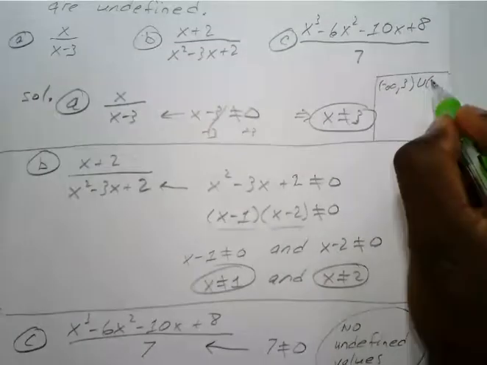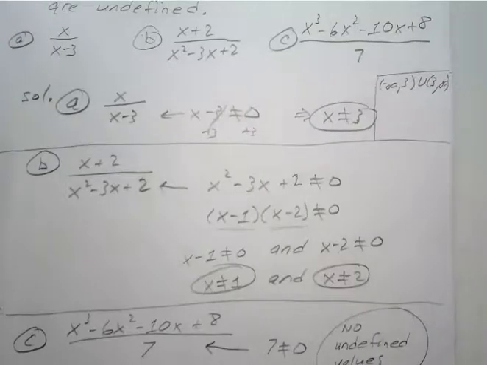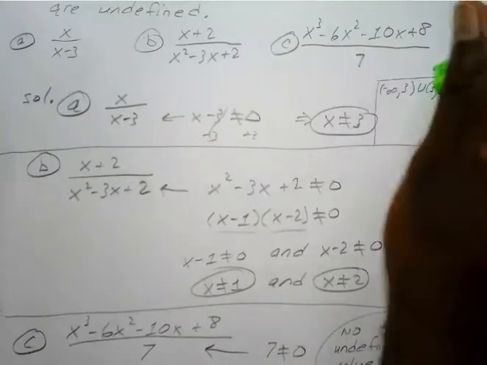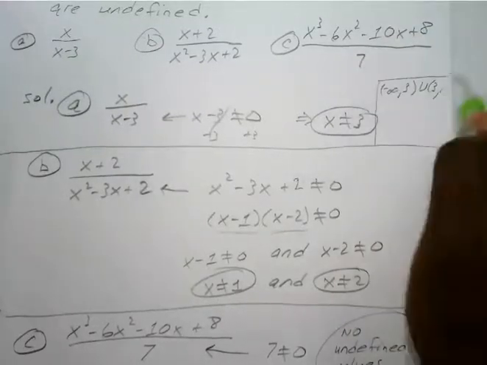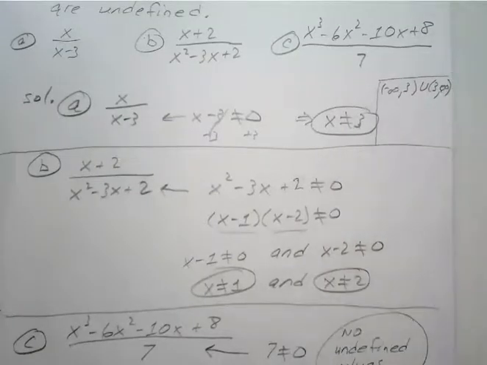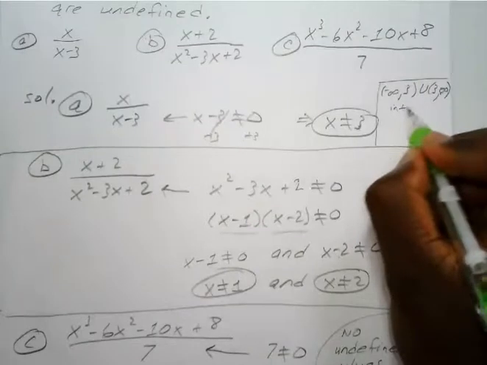Then it picks up on the other side of 3 and goes all the way to positive infinity with the parentheses. Excuse my rather messy looking parentheses there. We go to infinity and we'll close it up. Now this is your interval notation.